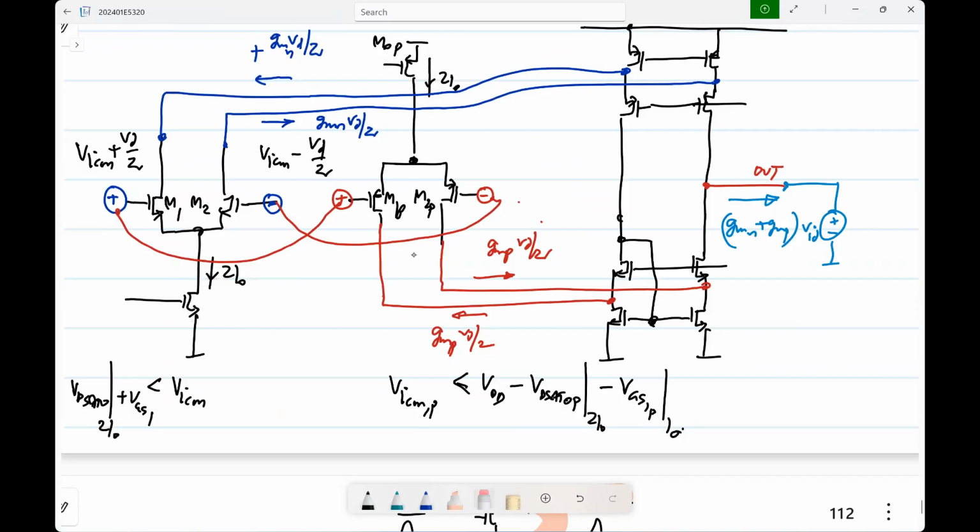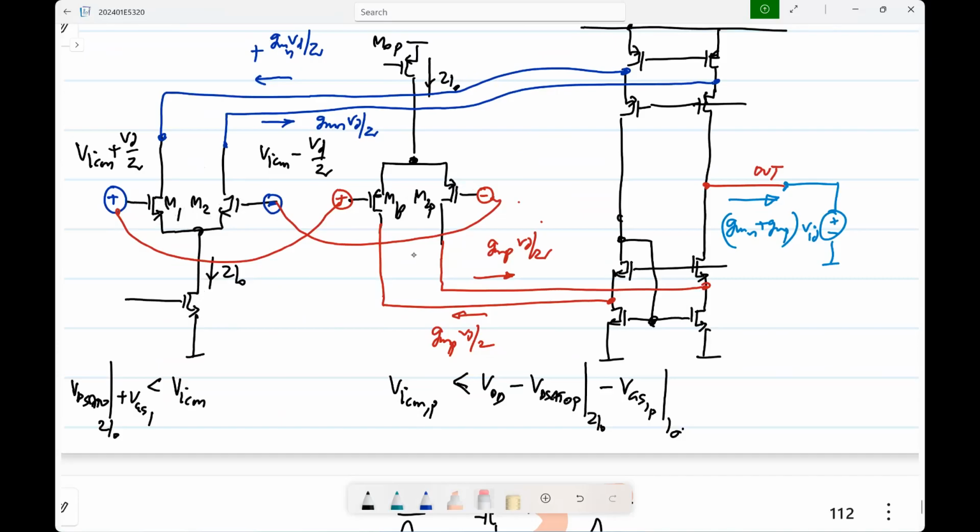Another problem is, as you know, the input referred offset is, of course, the mismatch between M1 and M2, the mismatch between the input pair transistors directly contributes to the input referred offset. Now, there is no reason to expect that the random offset of this differential pair and that differential pair are the same. They'll be definitely different from each other.